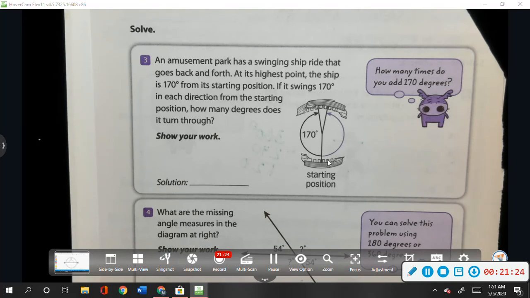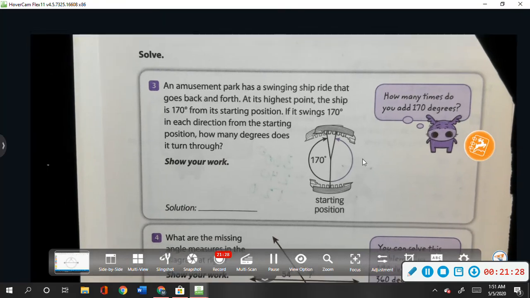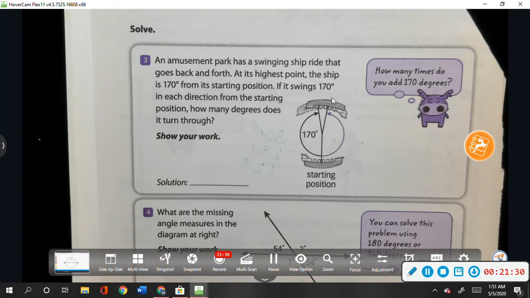So we're starting here, we're getting a little bit faster, but it never goes past that point. They want to know what degree that angle makes right there. So we know that a straight up and down position would be 180 degrees.